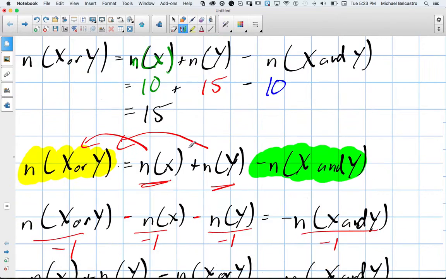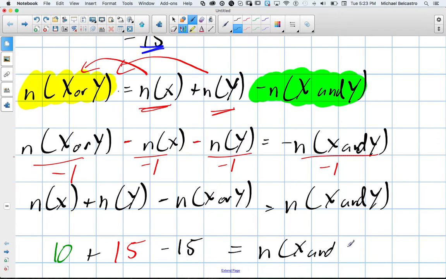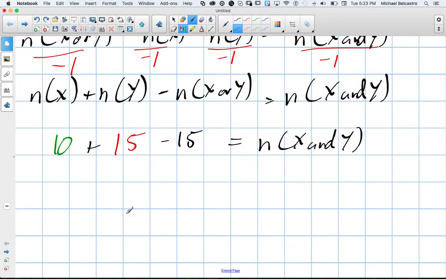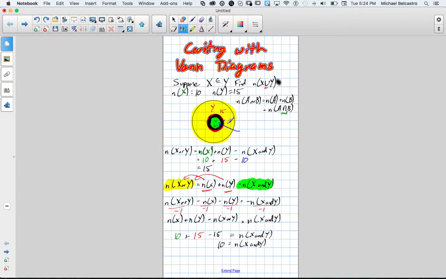That's exactly what we calculated here. So 10 plus 15, subtract 15, will give us all the units of x and y, and that ends up being 10. And that makes perfect sense with what we just did above. The subset is the AND part. There's those 10 units, the x within it. So that's how we calculate the AND.